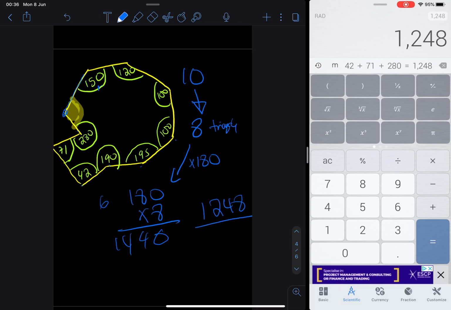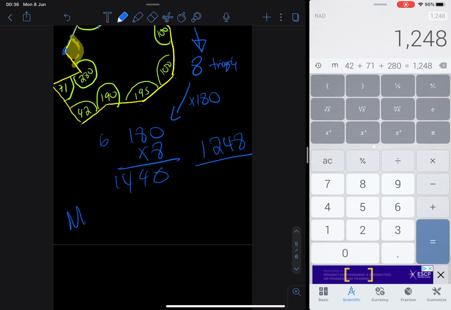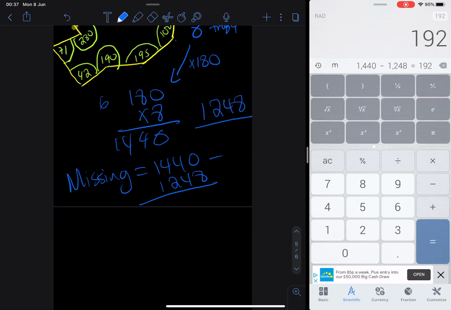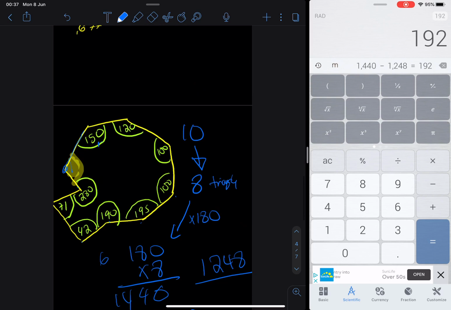Now to work out the missing angle, it must be the sum, which is 1440, take away the total of what I've already got, which is 1248. 1440 take away 1248 is equal to 198 degrees. So that would tell me that this one is 198 degrees.